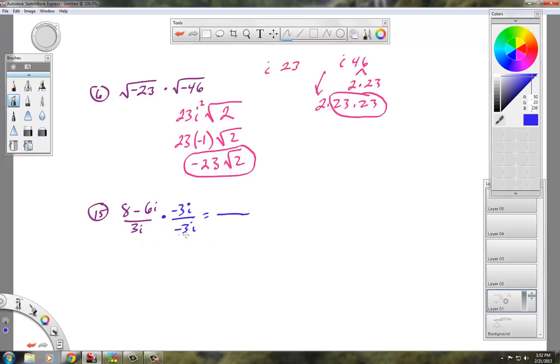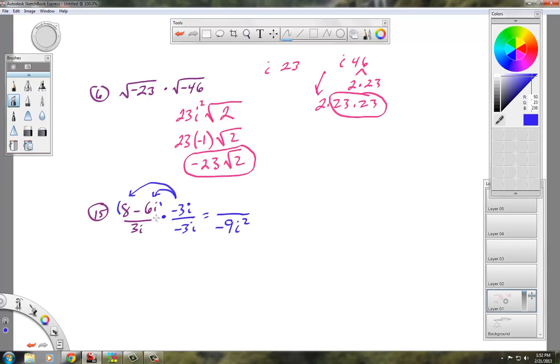So I'm going to take 3i times 3i. That's going to be negative 9i cubed. Now, I think a lot of people try to simplify this and do a whole bunch of steps in their head, and that leads to wrong answers. Just leave it like that. Up here, I'm going to distribute, because it's this times both of these.